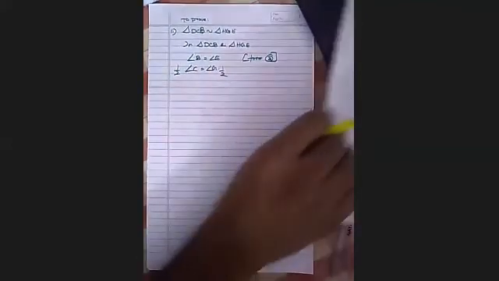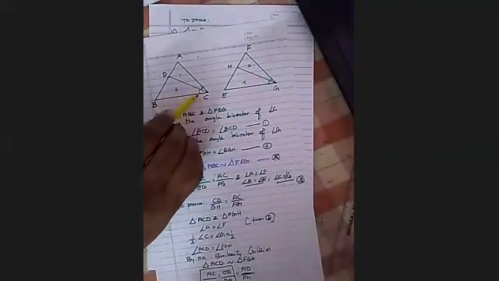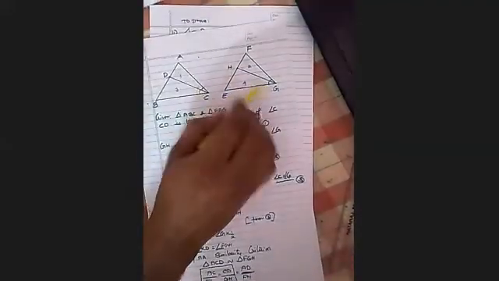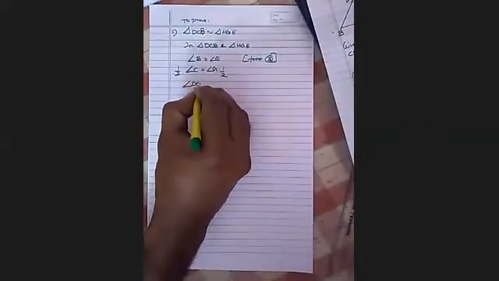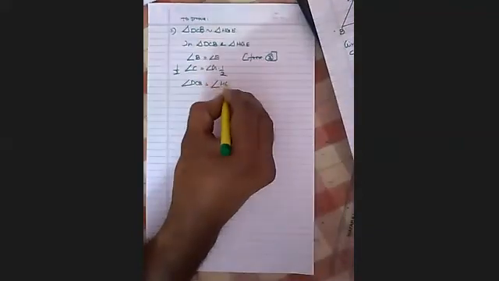Half of C, because CD is the bisector. So entire C is bisected into 2 equal halves. So half of C means angle DCB, and half of G means angle HGE. So angle DCB is equal to angle HGE.